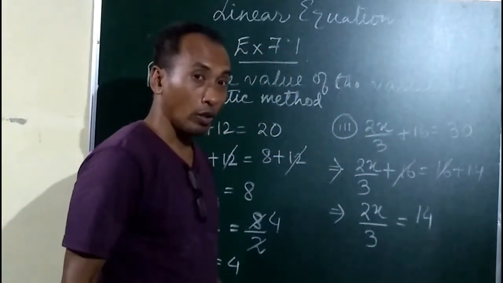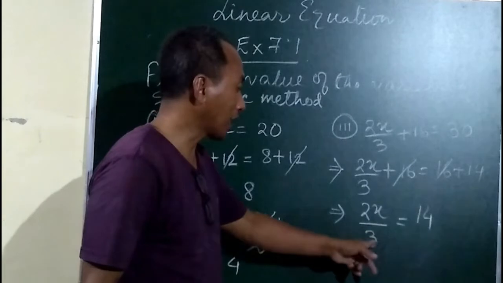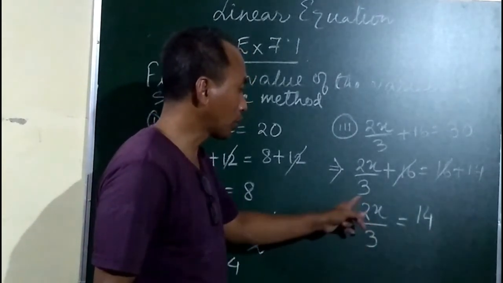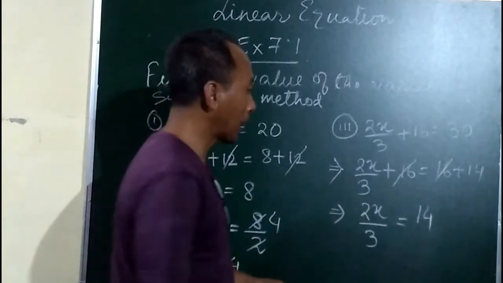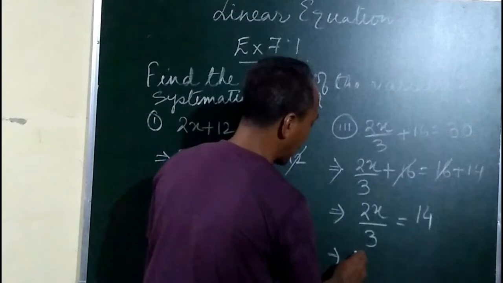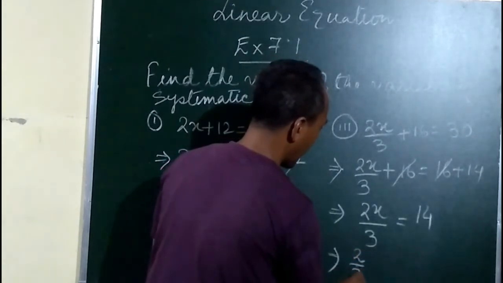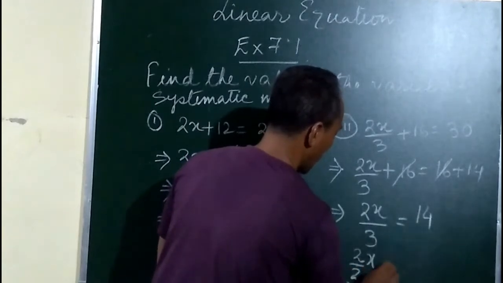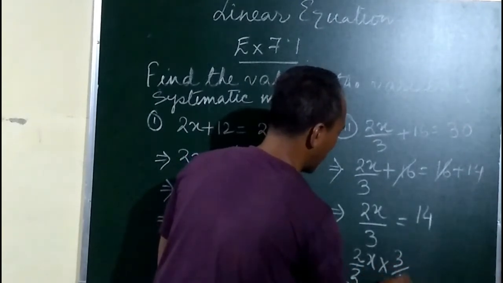Now we multiply. Here we see that we have 3 and here 2. So we multiply it here to cancel it. This 2 by 3 we multiply by 3 by 2.